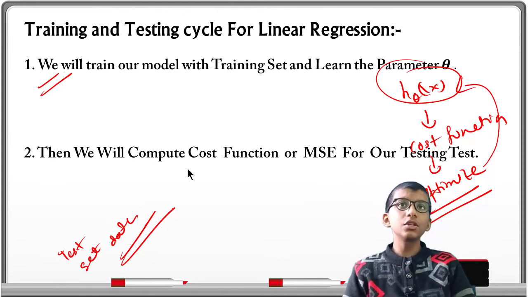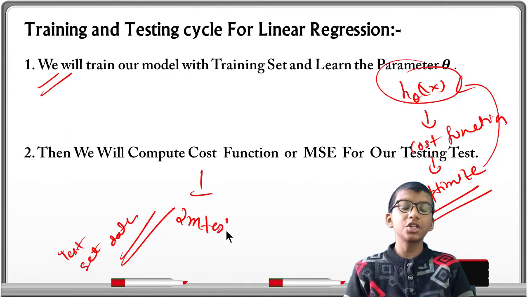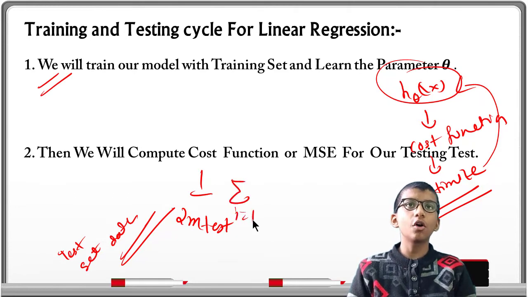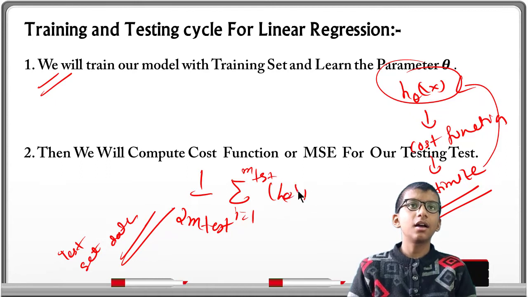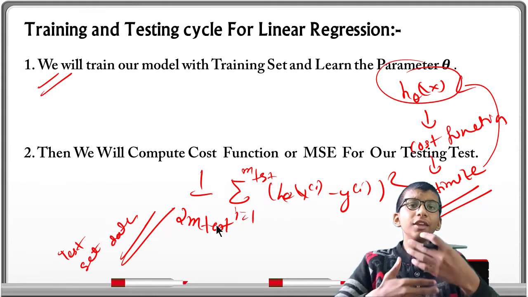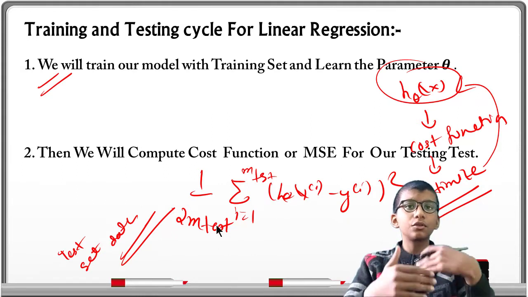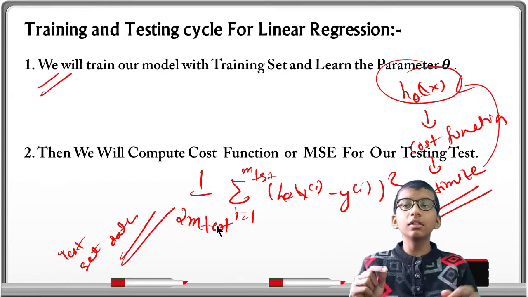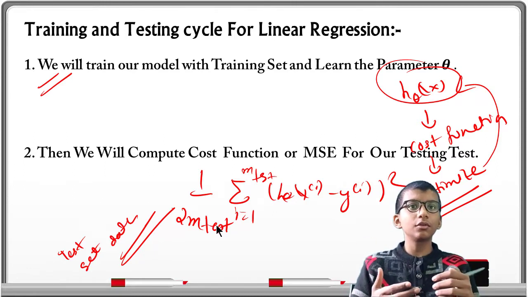Now what we can do is simply compute 1/(2 m_test), because we are checking the cost on the test set, times the sum for i equals 1 all the way down to m_test of (h(x_i) minus y_i) squared. Then we compute our cost function. If we get a good result, a small error, then it is good to go.